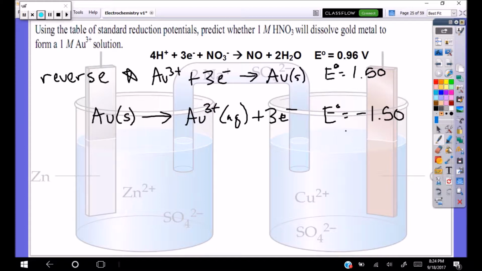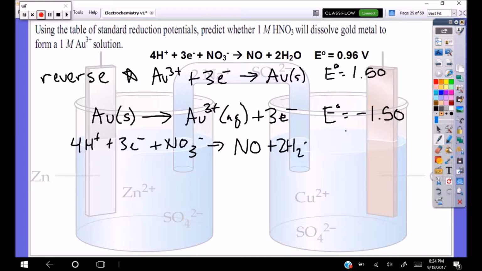It would just be wasting yourself some time. What we want to know is whether or not this will be spontaneous. So, to check to see if it's spontaneous, we just need to add our half reactions together, whether they're balanced or not. The balance does not affect the cell potential.